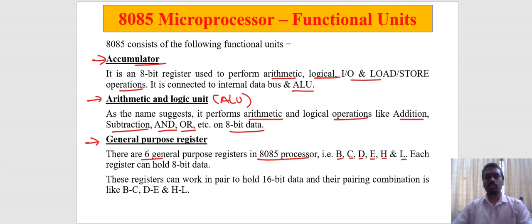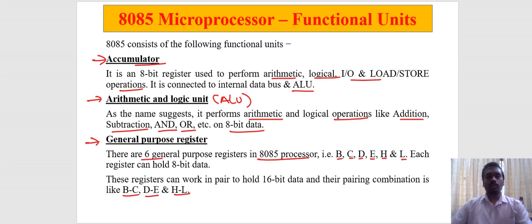In some cases, if we wish to store 16-bit data, two of these 8-bit registers can be paired and used as a 16-bit register. The pairing possibilities it allows are BC, DE and HL. So whenever you want to store 16-bit data, you can use registers B and C as a pair, or D and E as a pair, or H and L as a pair.